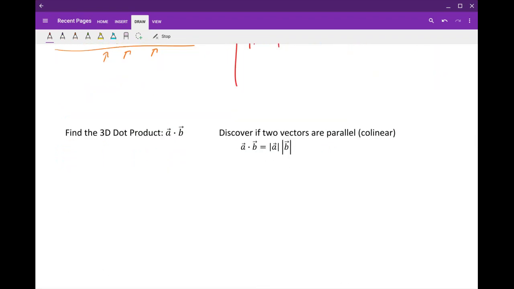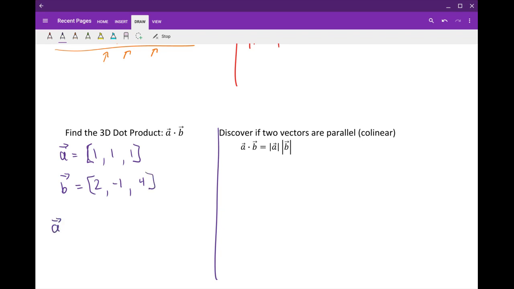Okay, find the dot product. This one turns out to be very easy as well. This was that new operation. So again, let's give ourselves 2 vectors. Let A be 1, 1, 1, and B is 2, negative 1, 4.